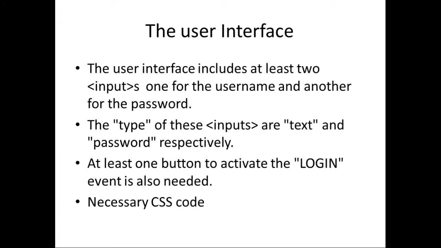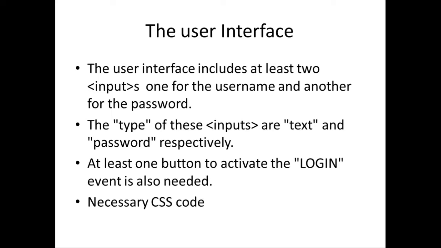The user interface includes at least two input tags, one for the username and another for the password. The type of these input tags are text and password respectively. Of course, for the password, we're going to use type password to conceal the characters or the digits we have used in our password.